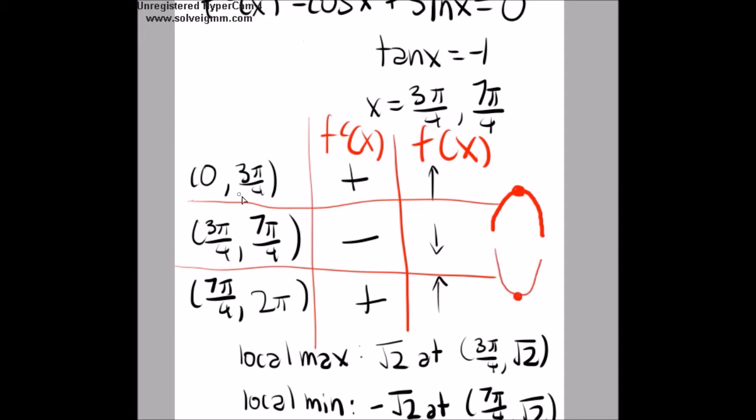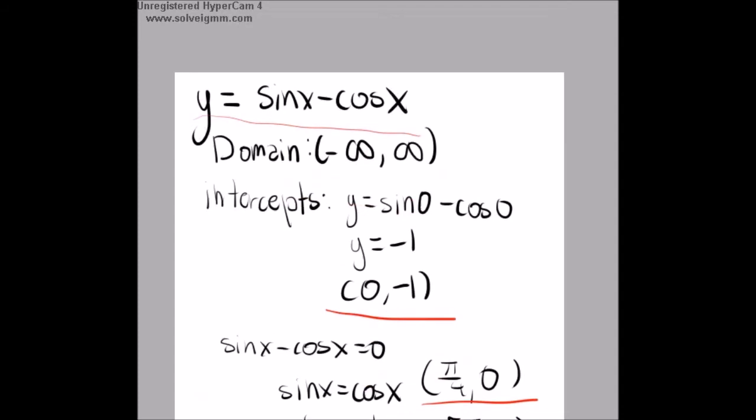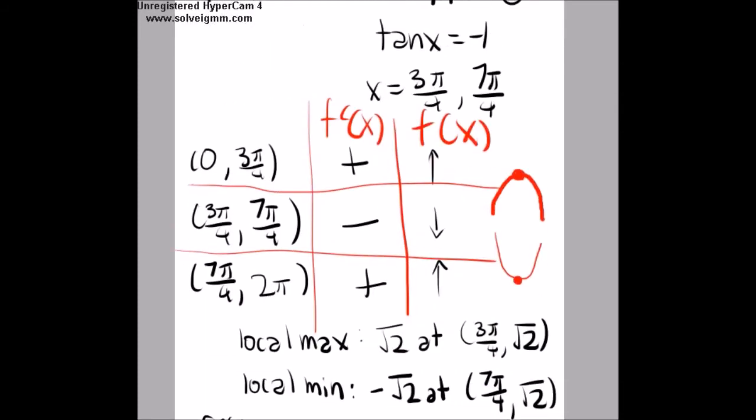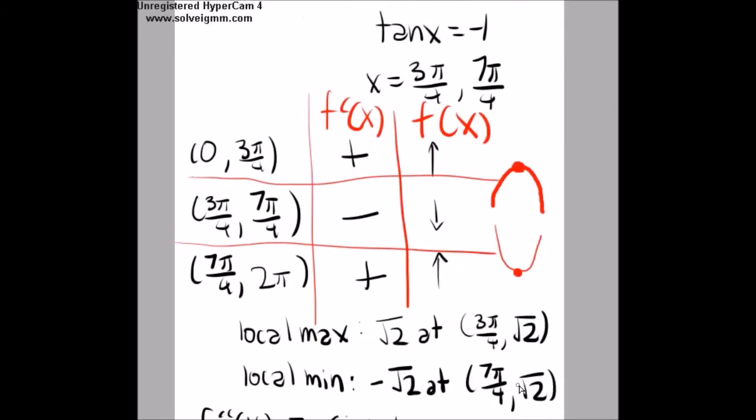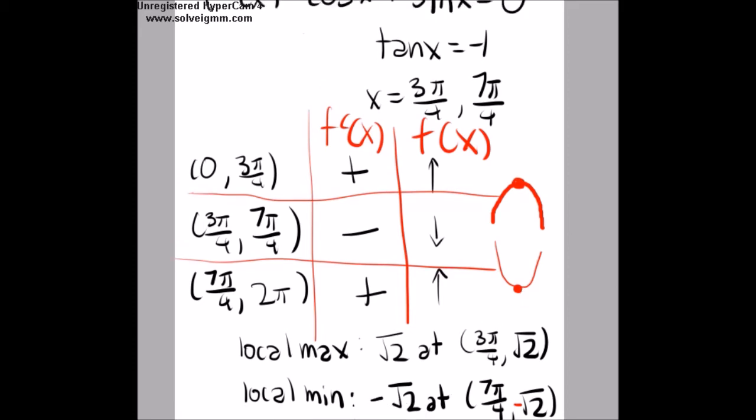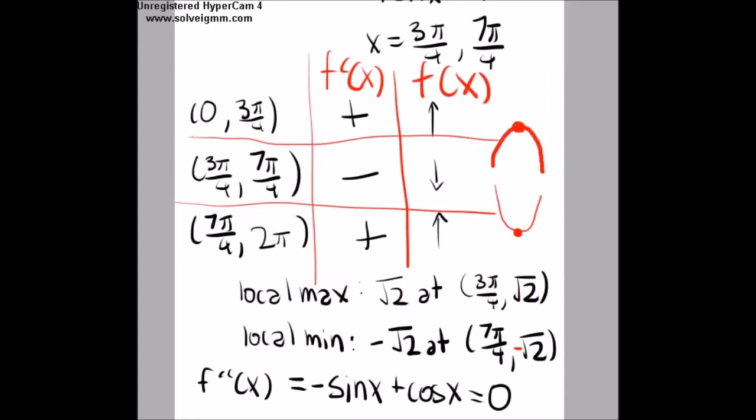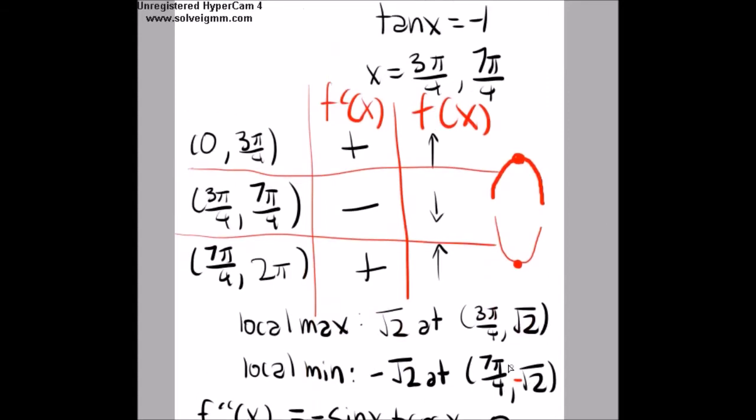So at 3 pi over 4, it's going from increasing to decreasing, so we have a maximum, and plugging this into the original equation, we get that it's equal to root 2. And then the local minimum is at 7 pi over 4, because it's going from decreasing to increasing, and plugging it back in, the local minimum is negative root 2.